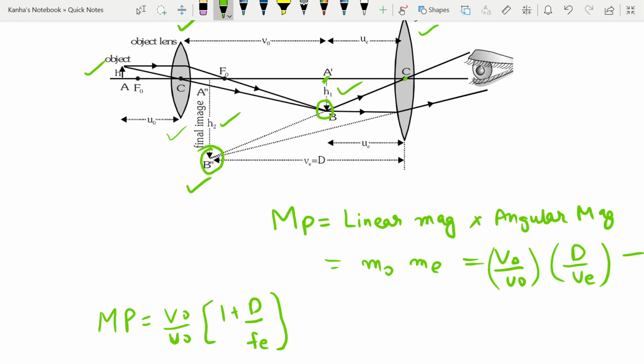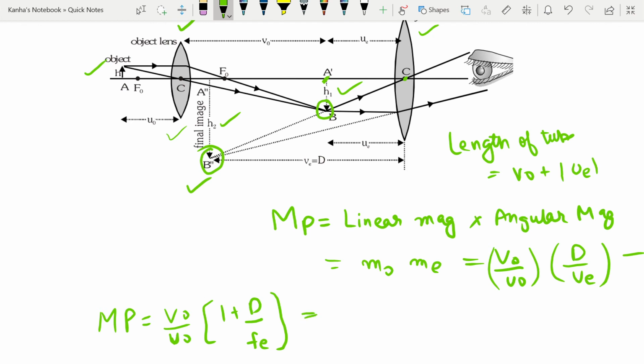Here the length of the tube is v naught plus u e, so length of tube is equal to v naught plus mod u e. I just want you to remember that; all these are important things that you should remember.